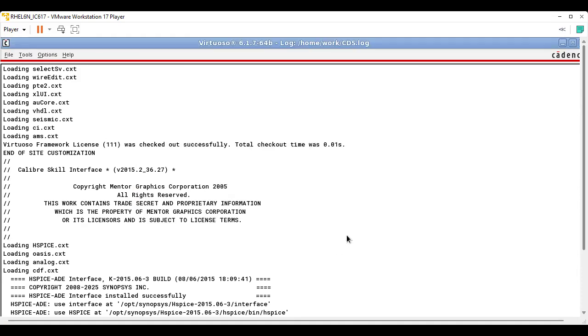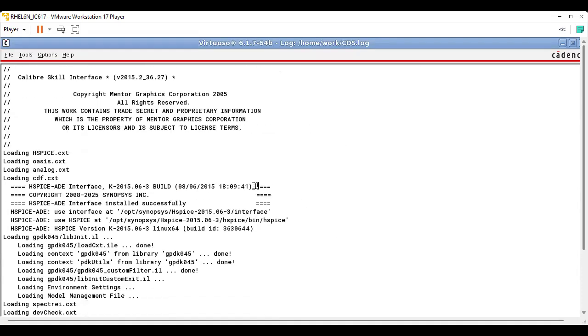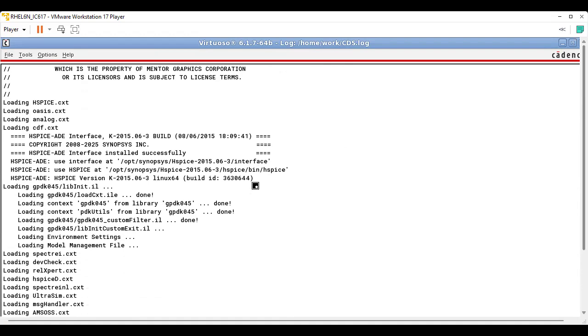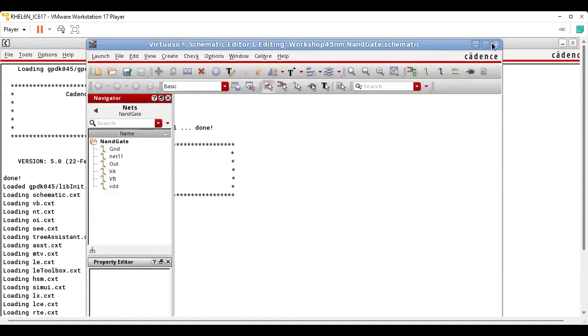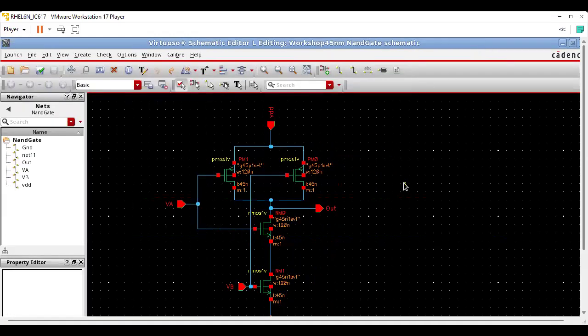I have already created a NAND gate for you. You please see this NAND gate. I simplify this for you.